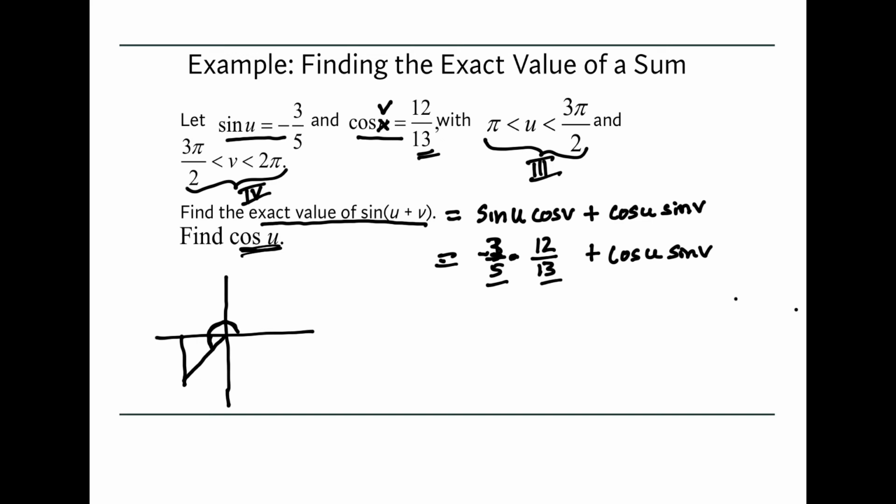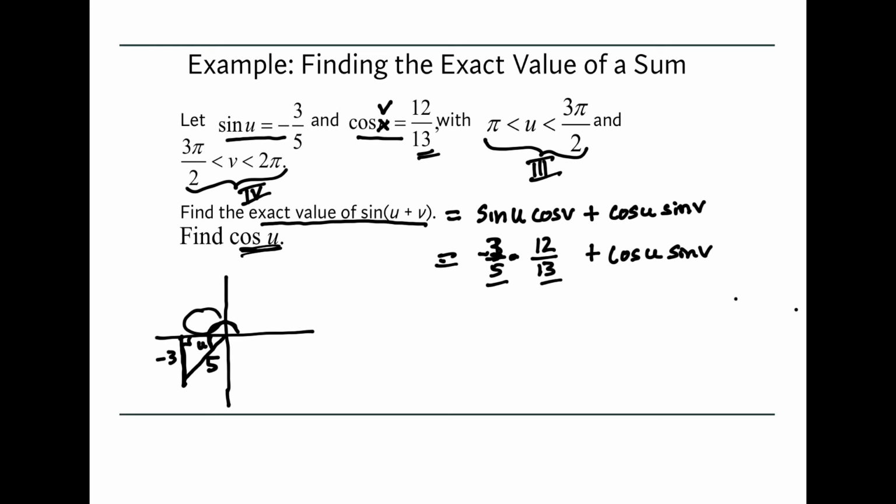Because we need to know the cosine of u, but this is u. And we were told that the sine of u was negative 3 over 5, and that's opposite over hypotenuse. So negative 3, that makes sense because it's down below. And then 5 for my hypotenuse, opposite over hypotenuse. This is my 90. The cosine is going to be whatever this is over hypotenuse.